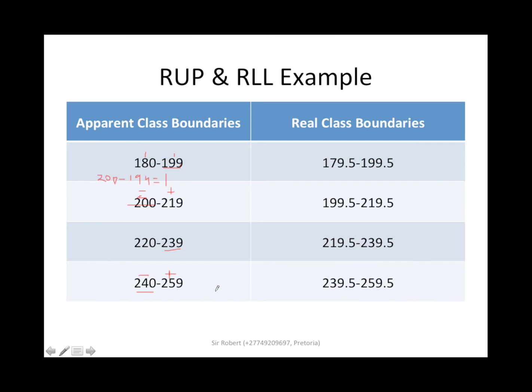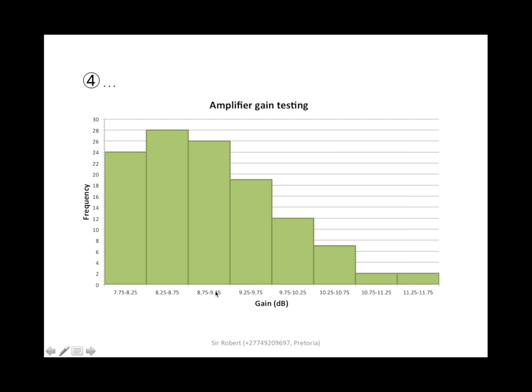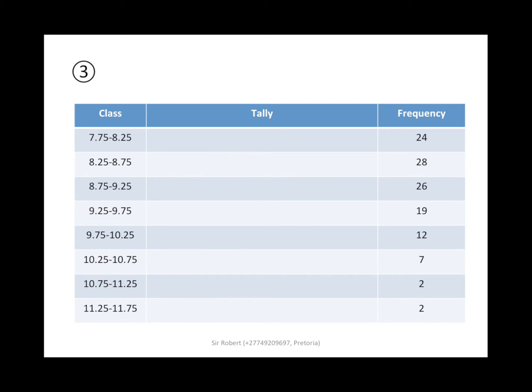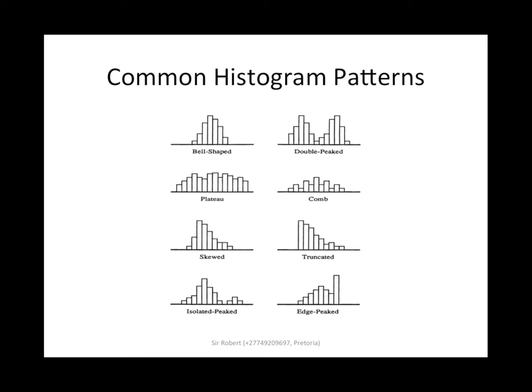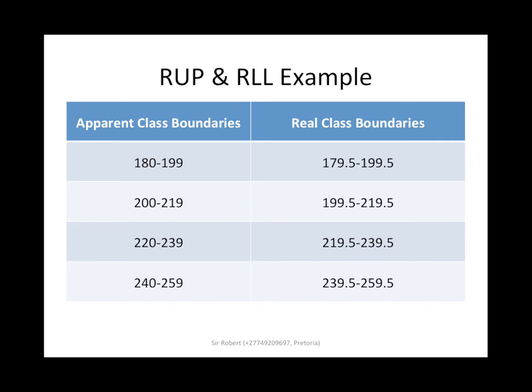That's how you get the real class boundaries. If you apply it to the previous examples we dealt with, you'll be able to determine the real boundaries, because there we were just using apparent class boundaries. We didn't want to flood you with a lot of information in that regard.